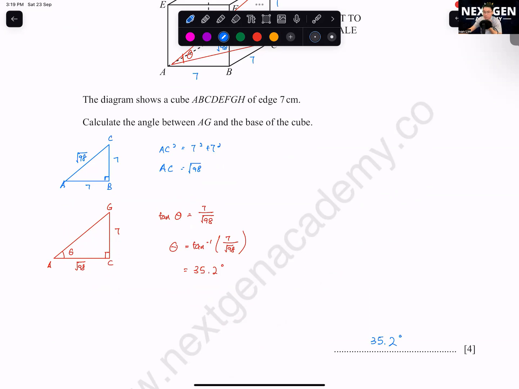Angle, write to one decimal place. 35.3 also can. They accept from 35.2 to 35.3.